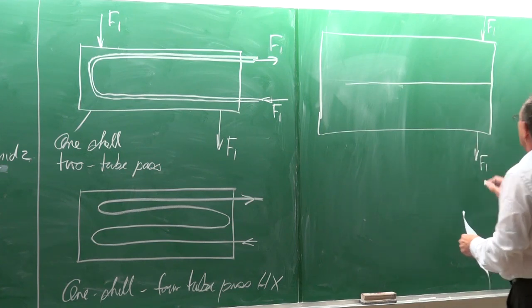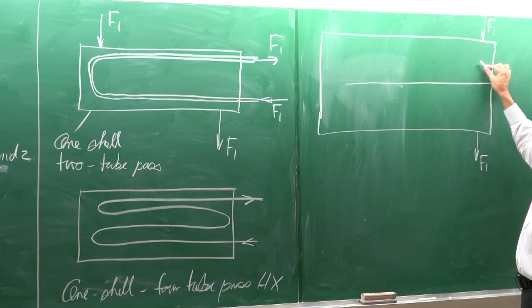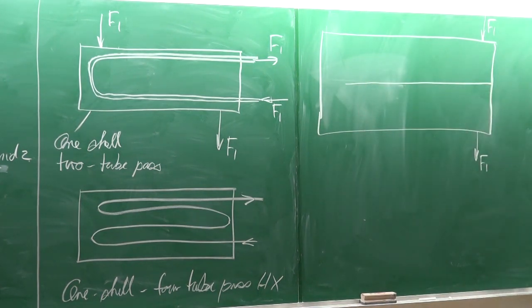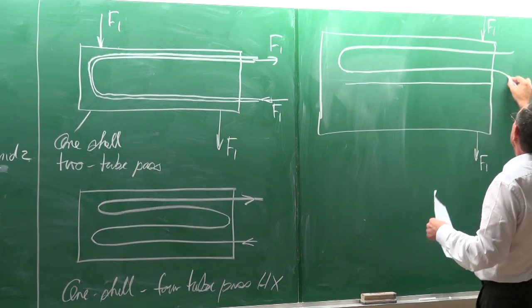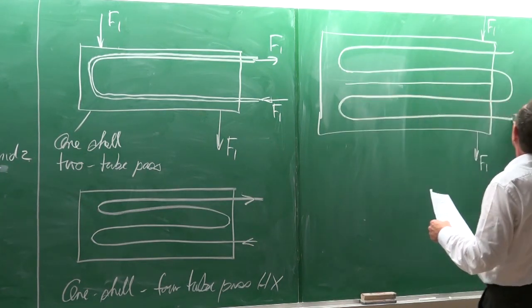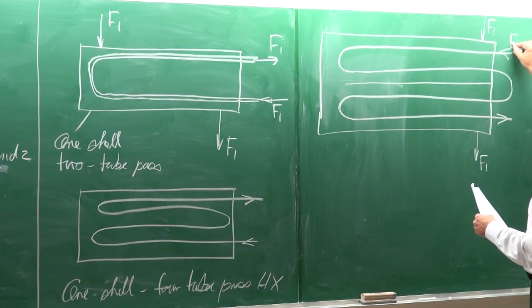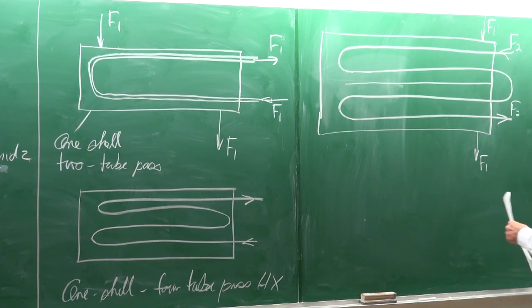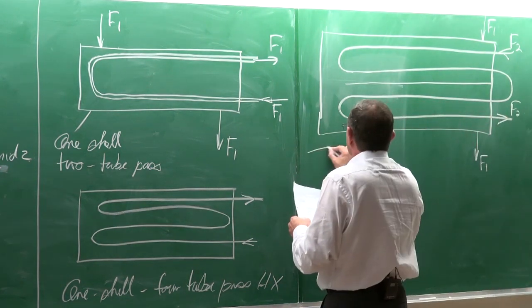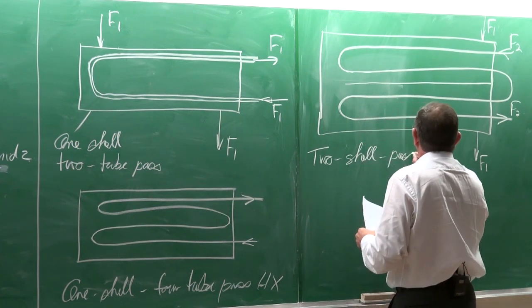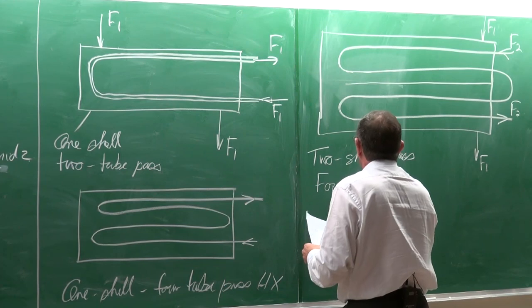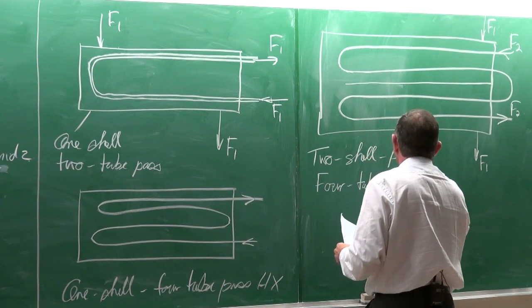Fluid 1 will exit there. So you can see it will go in there and it will go out there. And that is in the annulus side. Then the tubes can do something like this. 1, 2, 3, 4. Fluid 2 and fluid 2 going out. Okay. So this is now a two shell pass heat exchanger and a four tube pass heat exchanger.